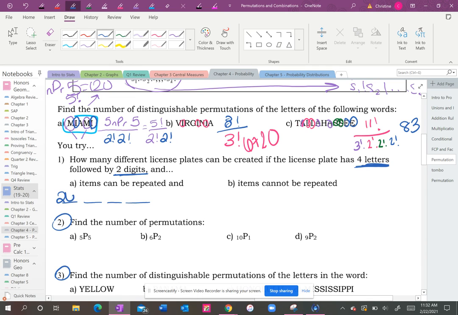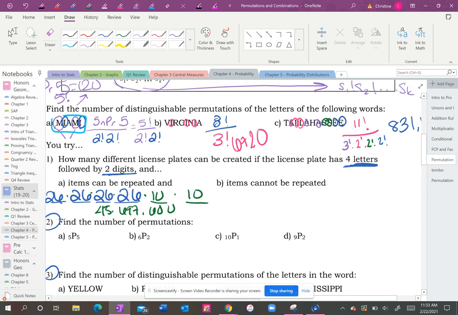So you have 26, 26, 26, 26, followed by 2 digits, which are 10 and 10. You just multiply these all together and get a very large number, $45,697,600.